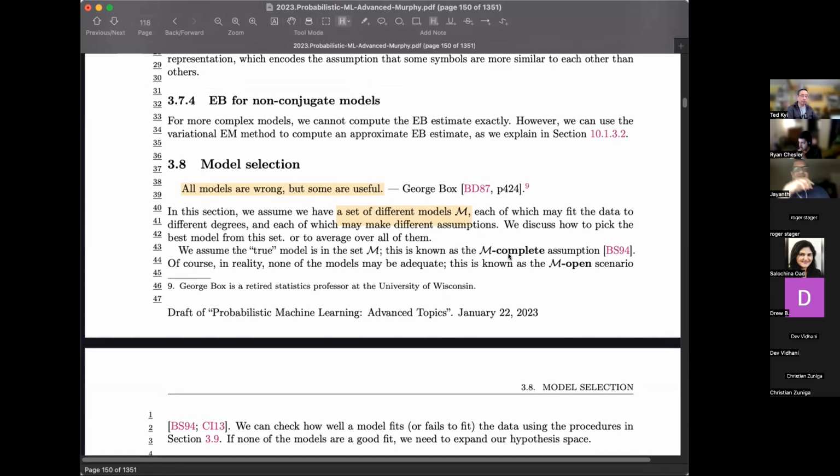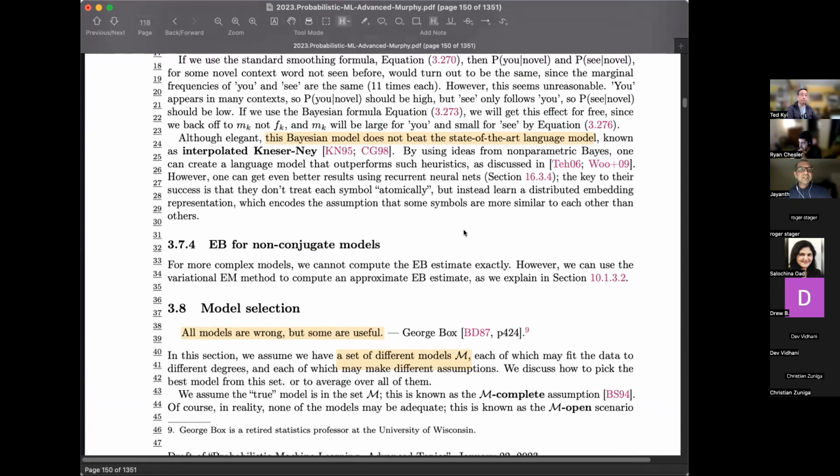Is that ChatGPT, or are they referring to something else? No, this one is the n-gram bigram model, and I think they're talking about the state of the art in that bigram setting. This is from like 1995 and 1998. Okay, so it's different. Oh, thanks.